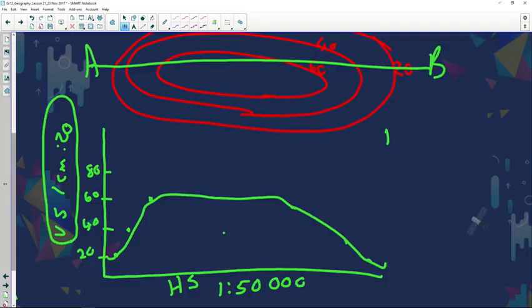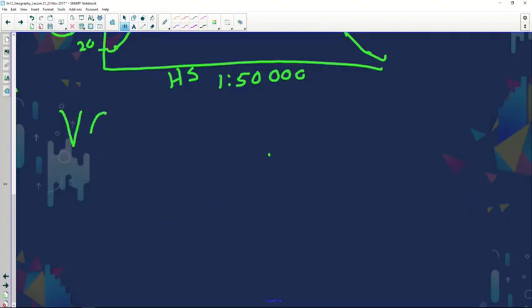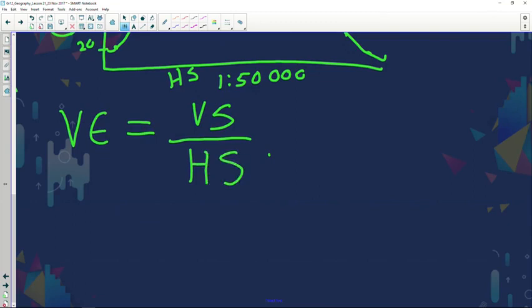Now first of all, let's have a look at the definition, the concept, the formula of vertical exaggeration. The formula for vertical exaggeration is the following. Vertical exaggeration equals the vertical scale over the horizontal scale.